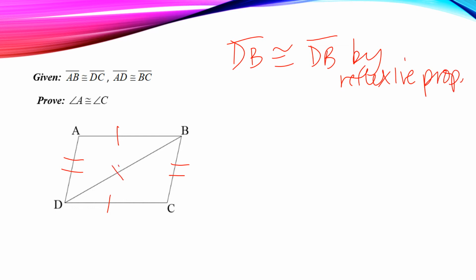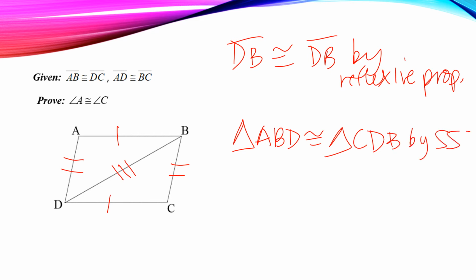So then I'm going to make my little tick marks there. And because all 3 sides are congruent, I can go ahead and say that triangle ABD is congruent to triangle CDB by side, side, side.